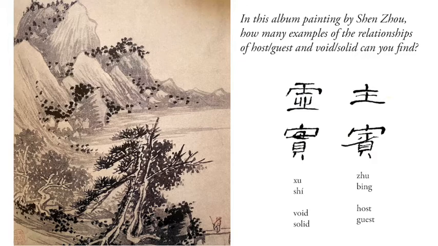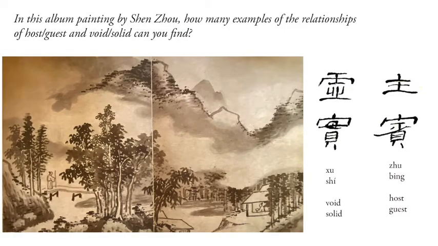What are the relationships? What are the hierarchies? What about solid and void? Where has the brushwork been used to create a cluster or a density? Where has it been not used to allow it to be open? Take a look.